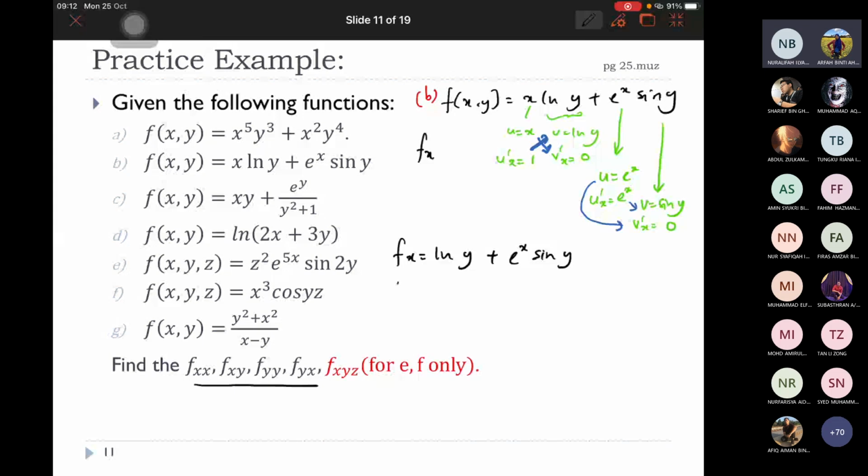Okay. So then bezakan lagi terhadap x, fx. So tengok yang ada term x sahaja. That is, ambil u awak sama dengan exponential x, v awak equal to sin y. Yang ini bezakan terhadap x, it will become 0.